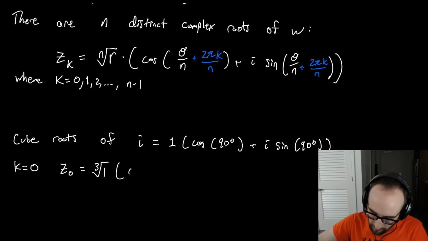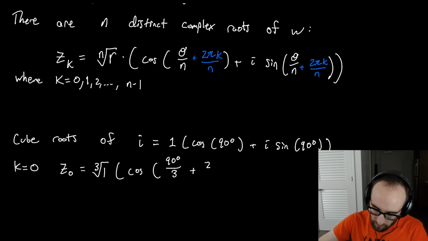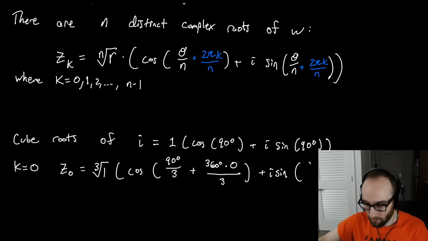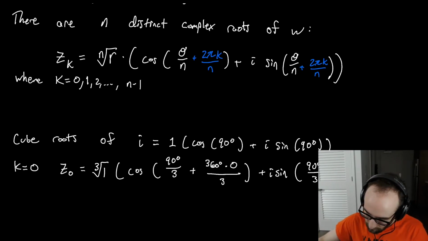Cube root of 1 times cosine of theta, which is 90 degrees divided by 3, plus, instead of 2 pi, we're going to do 360 degrees because we're talking about degrees, times k, which in this case is 0, divided by n, which is 3. Plus i sine, and we have the exact same angle, 90 degrees divided by 3, plus 360 degrees times 0 divided by 3.